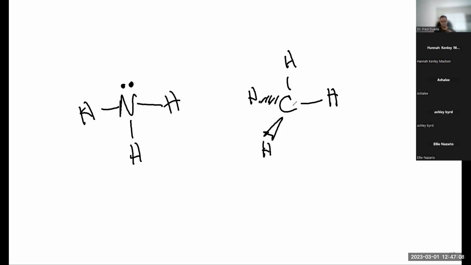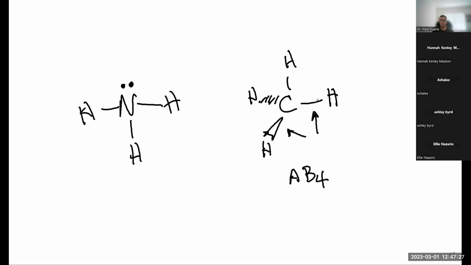Now, over here, the most stable configuration was the AB4 configuration, which was tetrahedral. Remember that each bond has 2 electrons.